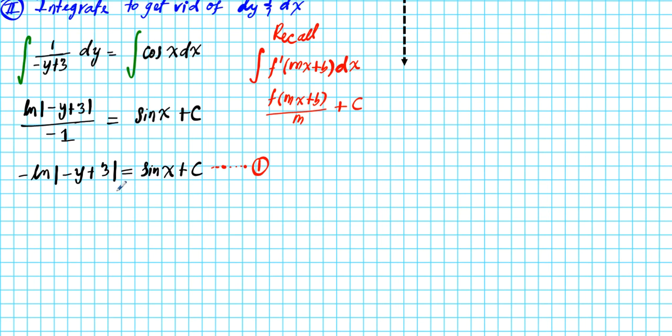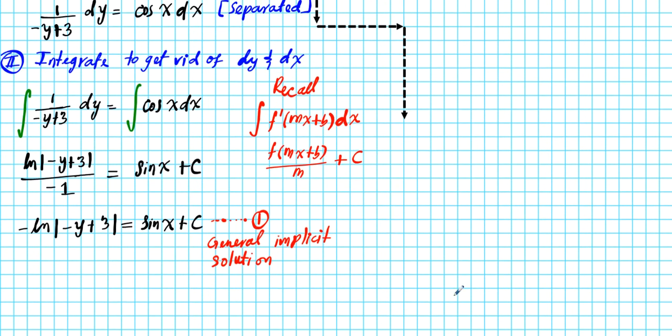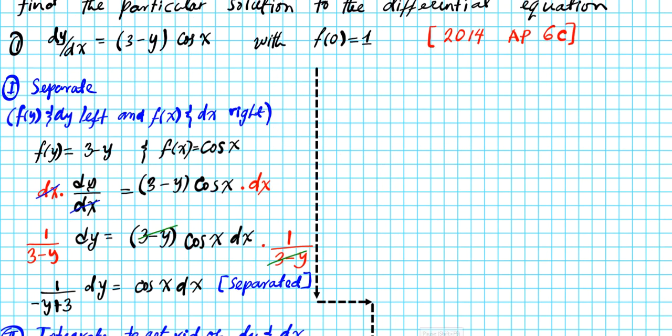This is the general implicit solution. The problem doesn't ask us for a general solution, either explicit or implicit. It asks us for the particular solution. The difference is that for the particular solution, you don't have a c and you have y solved for explicitly. All right, so we still have some work to do.